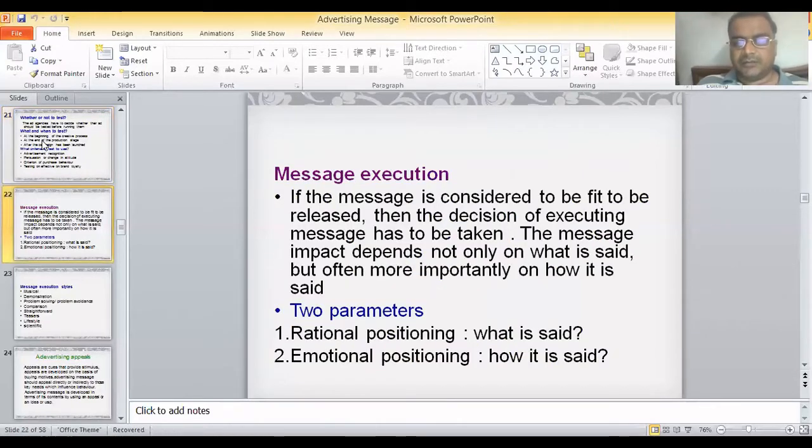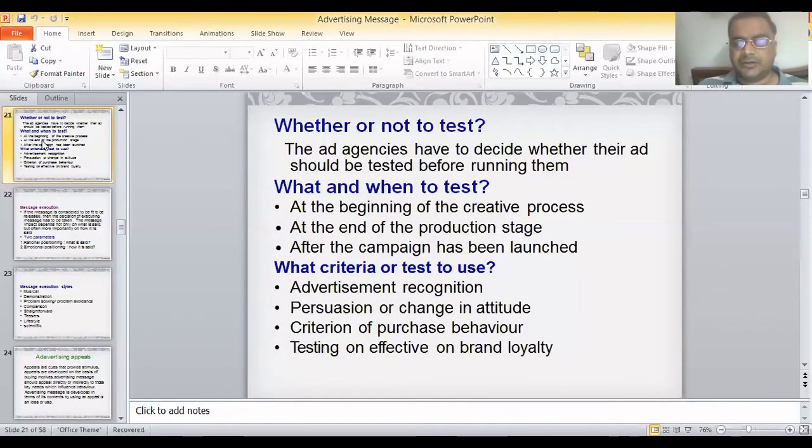Now, before going to message execution, I would like to go through the testing procedure. So how do you test the effectiveness of the ad? There are three kinds of testing involved.